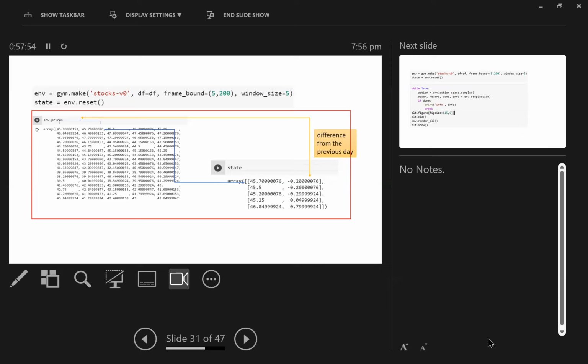So the first day that we work on will be here, so that you have the difference between this day and the previous day.